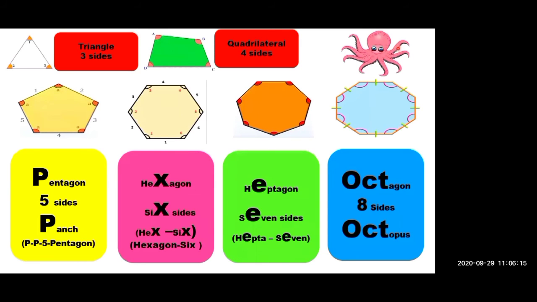And here is the octagon. Octagon has also 8 sides. 1, 2, 3, 4, 5, 6, 7, and 8 sides. And 8 angles also.